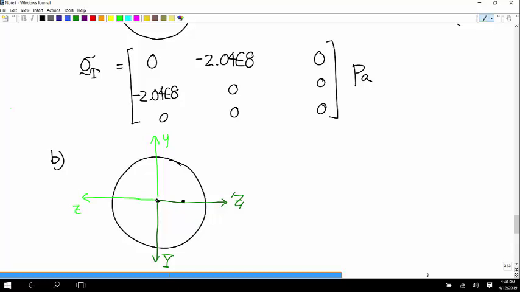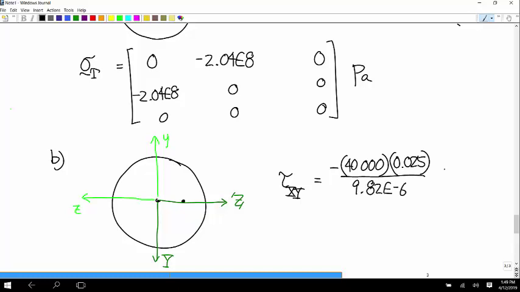And so it's going to be a 180-degree rotation about X. Our tau capital X capital Y is equal to negative 40,000 times rho. What's the distance rho from the centroid to the point of interest? Yep. 0.025 divided by 9.82 times 10 to the minus 6.